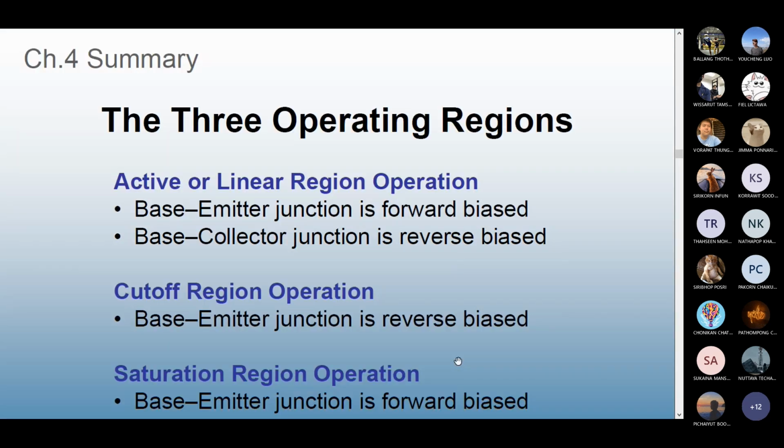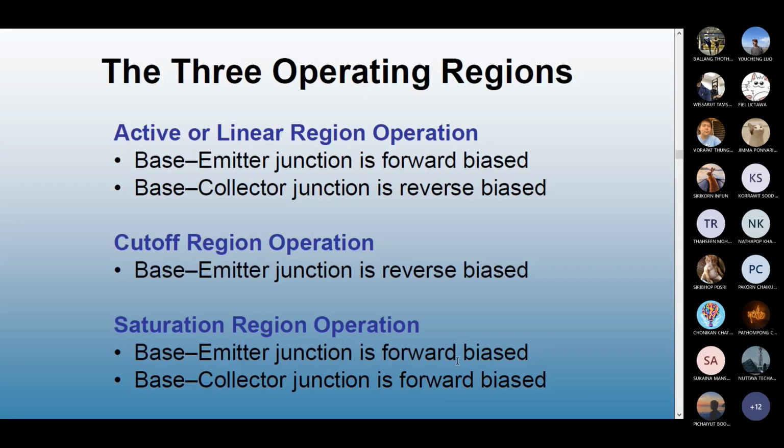For the cutoff region, you will have the base emitter junction reverse biased. In the cutoff region, you don't have current. And the base collector junction should also be reverse biased, or forward. I think it's reverse. For the saturation region, both junctions will be forward biased, base emitter and base collector.